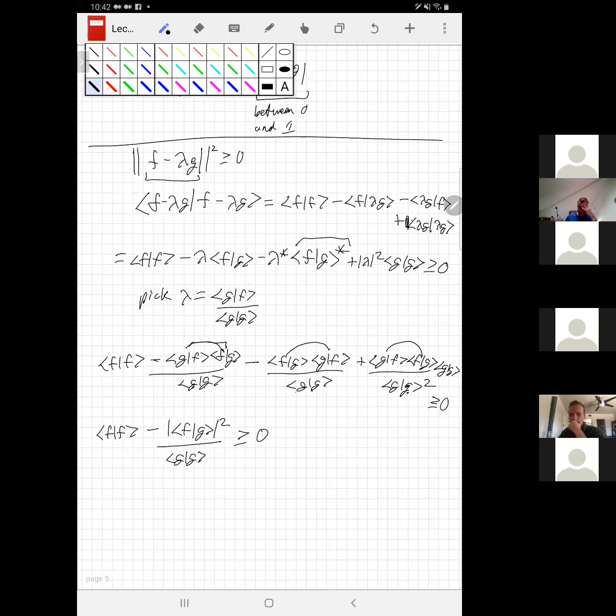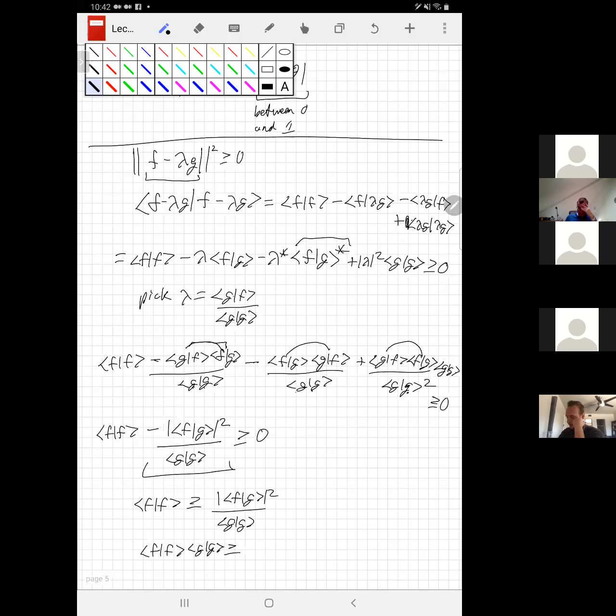If I take this thing and add it to both sides, I've got FF greater than or equal to FG squared over GG, or FF GG greater than or equal to FG squared.